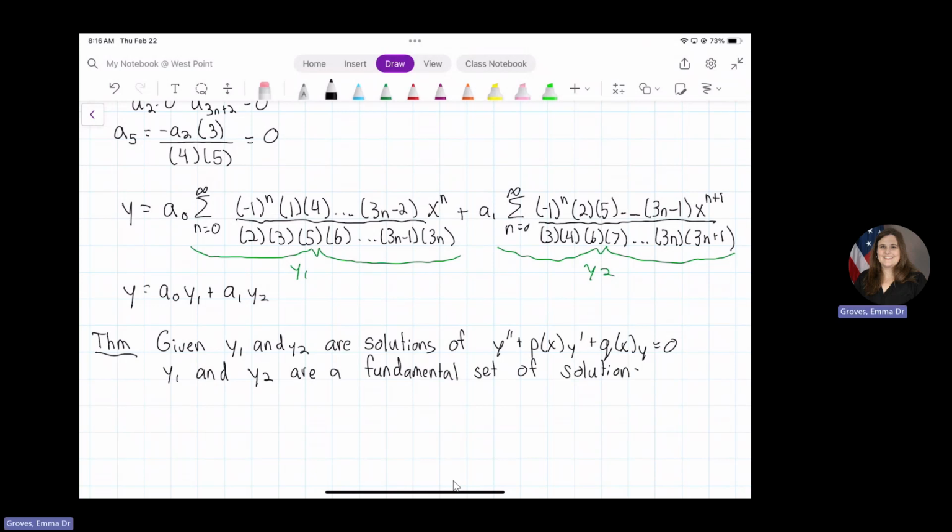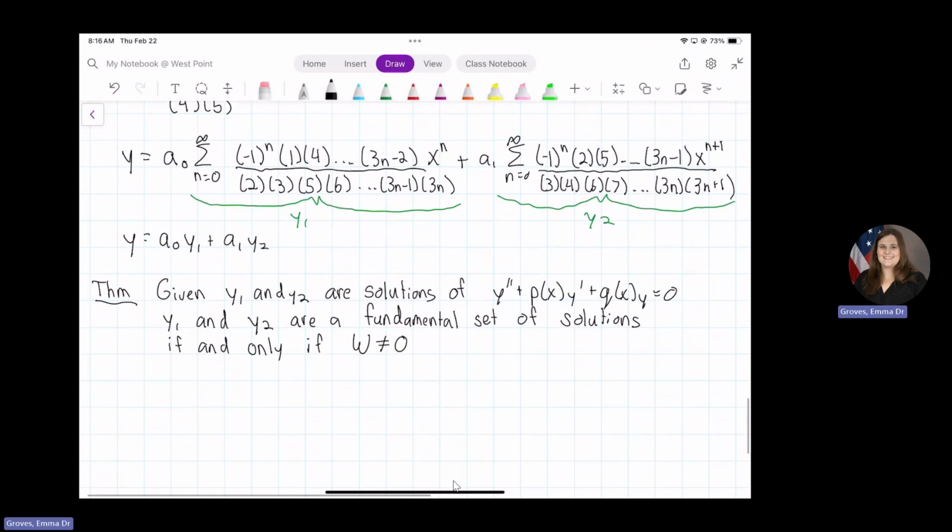And by fundamental set, we just mean all solutions have this form. They form the entire solution base. If and only if the Wronskian does not equal 0. Throwing that Wronskian back at you.